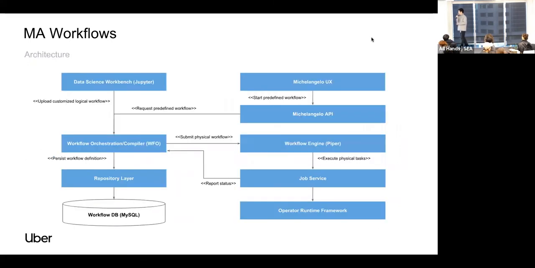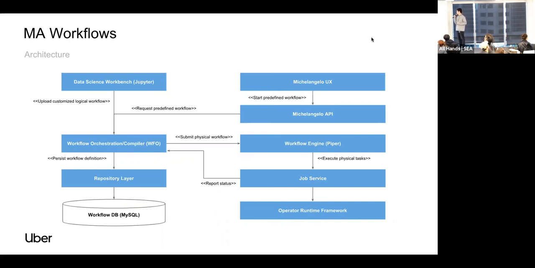Right, so this is the system architecture for how we magically make the workflow work as an entire system. This is the full stack system. As you can see, at the top layer, we have the Michelangelo UIs, which is the presentation layer, where users can send a request for a predefined workflow. Predefined workflow means that we have the workflow coded for users.